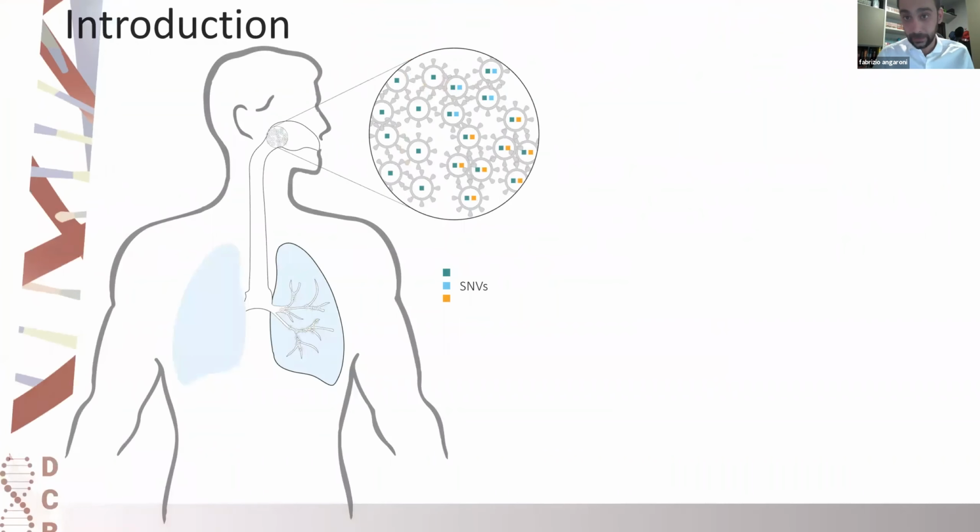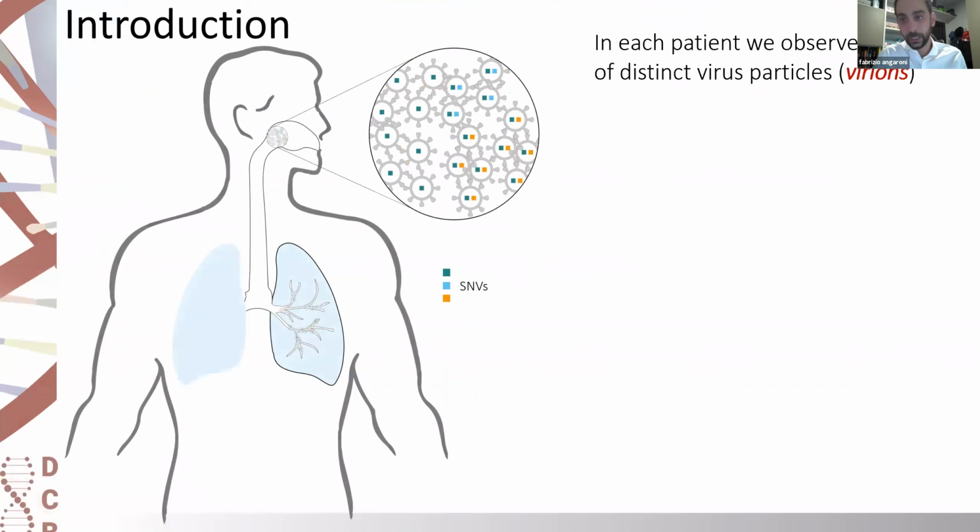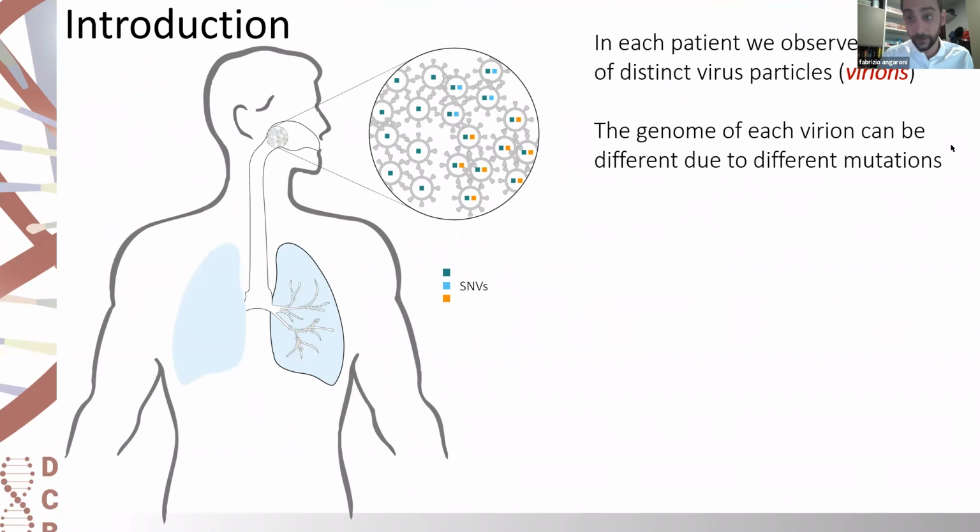Okay, let's start. In each patient, we can observe different swarms of virus particles, or virions. Every virus particle has a different genome with different mutations. For example, in this case, we have three kinds of mutation: the green one, the blue one, and the orange one.